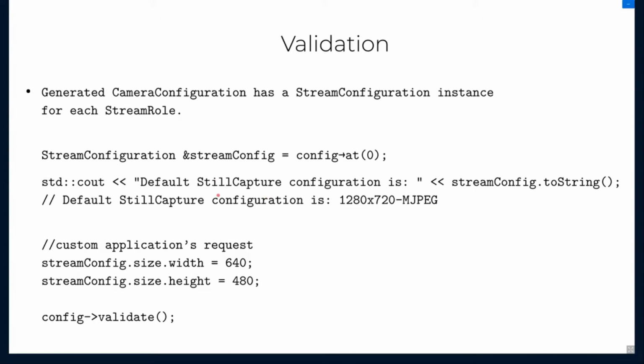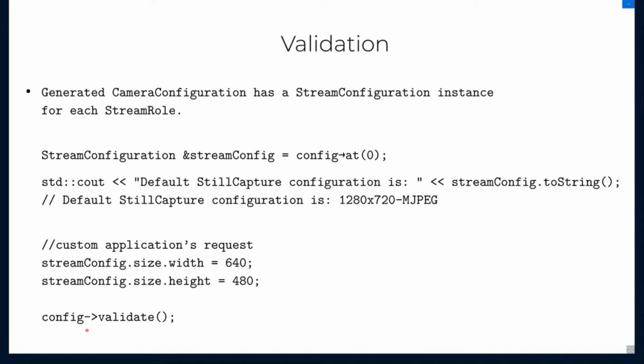And let's say I'm not satisfied with this configuration, so I as an application developer can write, let's see, I want to capture at width 640 and height 480. So I will just amend these two parameters, and again I will try to validate the config. What happens here is, if the camera can provide this resolution, it will simply validate it.